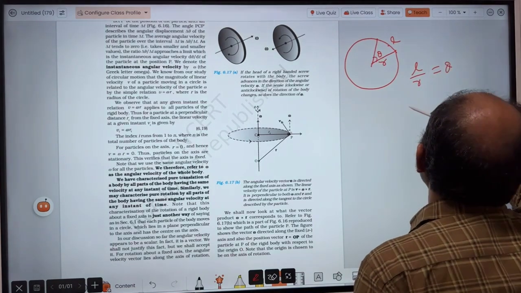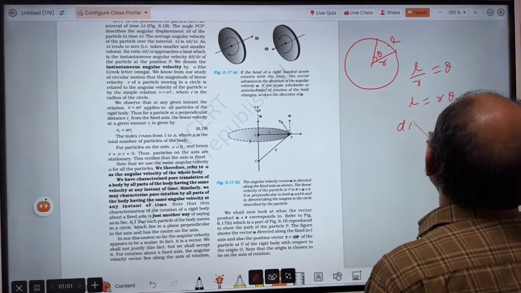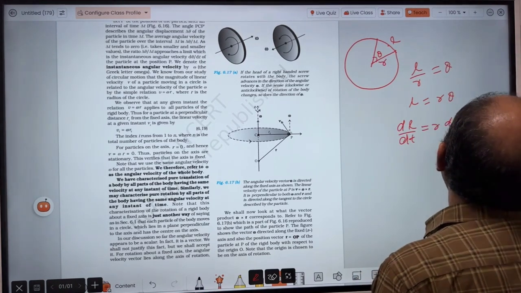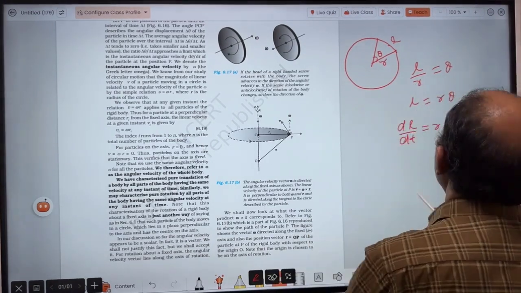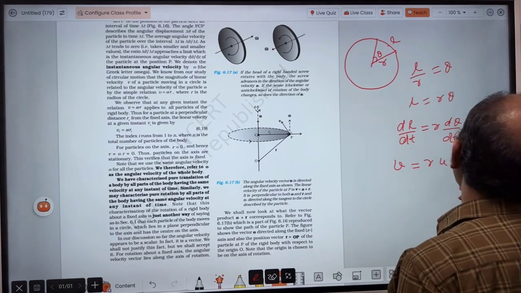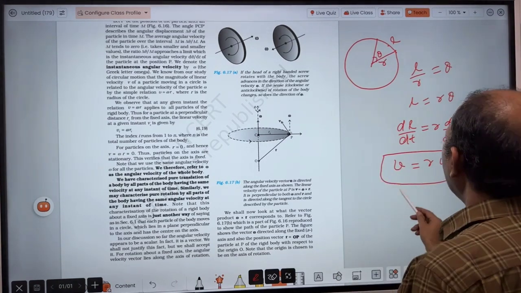From the previous concept, L equals r theta. We differentiate it, so dL upon dt equals r d theta upon dt. From there, dL upon dt is the linear velocity, so we write v, and this is the angular velocity omega. So this was the basic relation that we studied earlier.